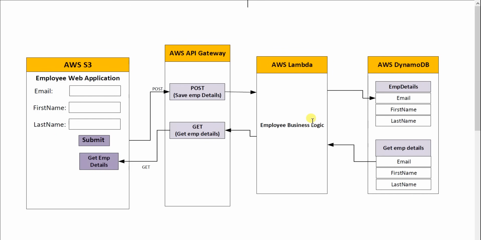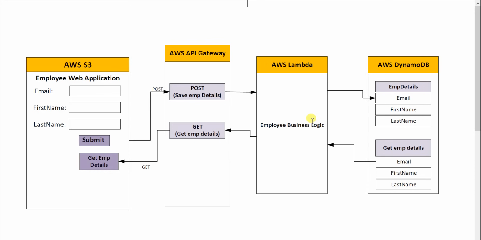Whenever a user clicks the submit button with data, that will call an API that will be hosted in API Gateway. The concept of API Gateway is to expose a REST service to the outside world. API Gateway will not have business logic; it will just expose the API and will not run any business logic.